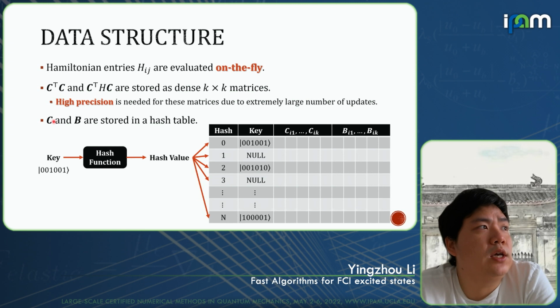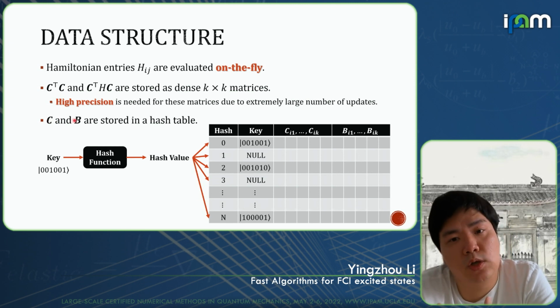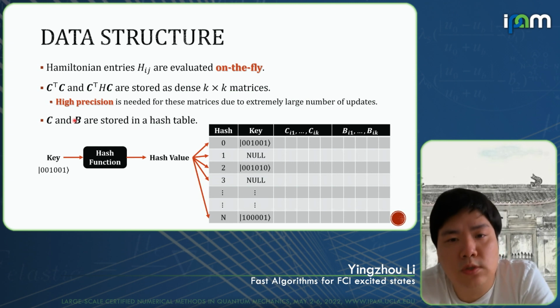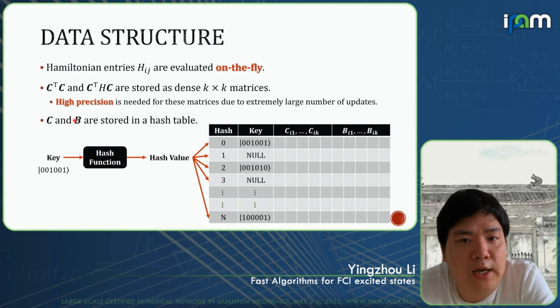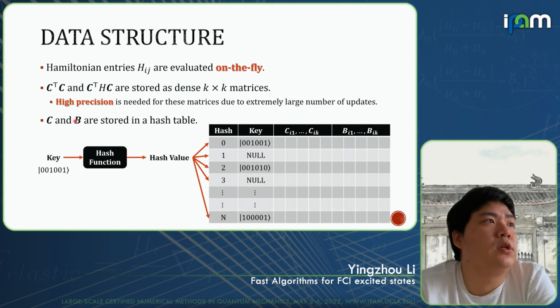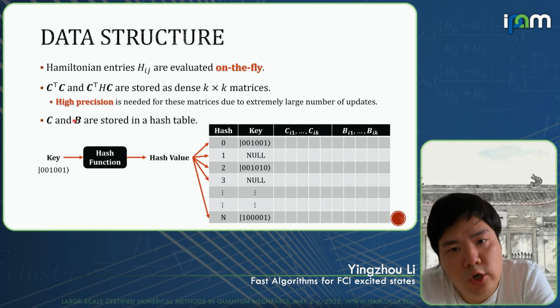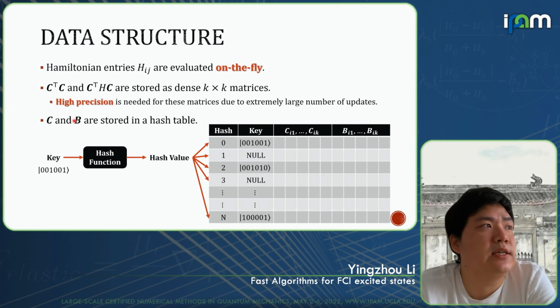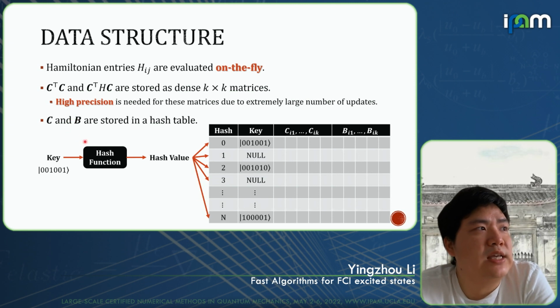The last one is how B and C are stored in memory. Both of them are sparse vectors, and we need to store those sparse vectors in a more compact way. We have tried balanced trees and also red-black trees, etc. But in the end, we found the hash table is the most efficient one.